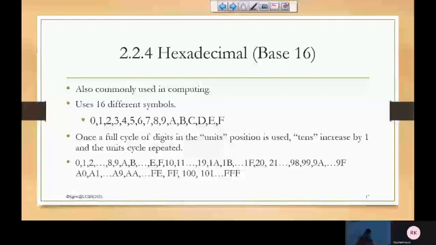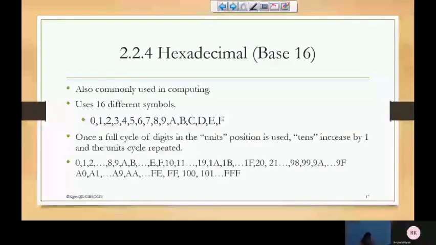Therefore, after F, we rotate, similar to what we would do if it were a 9. You restart the cycle and increment the tens. So after F, you get 10. After 1F, you get 20.